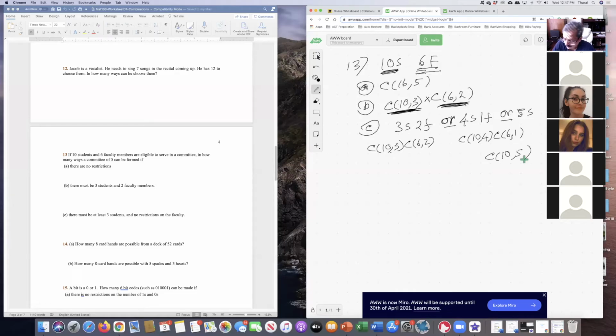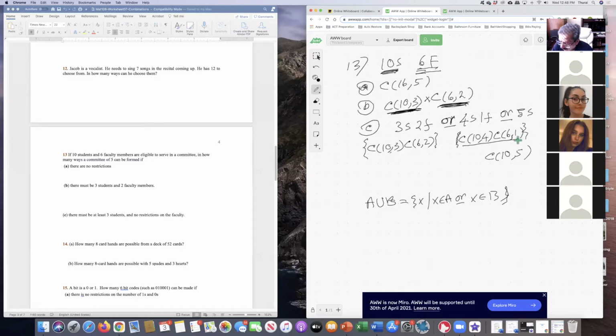Okay, now what do we do with them? If you remember, A union B is all x's such that x belongs to A or x belongs to B. That's exactly what we have. Here we have a set of different ways of forming committees. That's another set of different ways of forming committees with 4 students and 1 faculty. We only have the counts here.